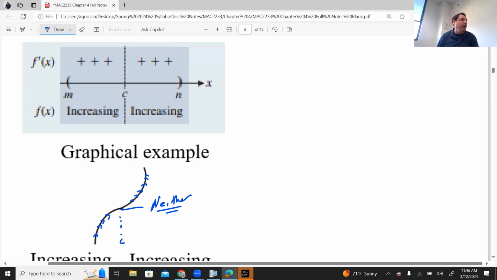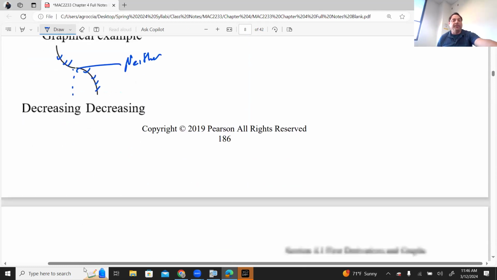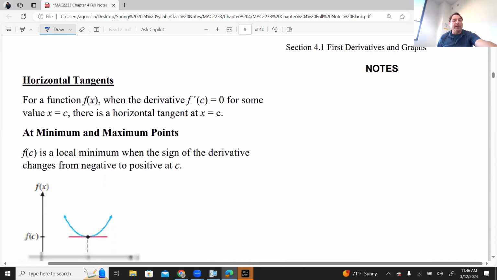It doesn't go up and down or down and up. Or you look at the sign chart and it just keeps increasing the whole time. It's neither a max nor a min. Okay? And it could be going the other way as well. If it's just decreasing the whole time, it's not a max or a min. This would be neither. So again, I like having the visual. But the sign chart does work as well.